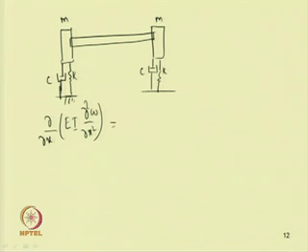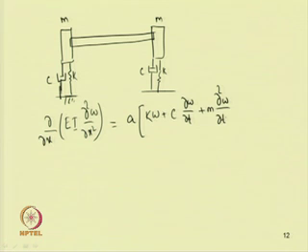So, this will be equal to A into K W plus C del W by del T plus M del square W by del T square. Here A equal to minus 1 for left end and equal to plus 1 for the right end.